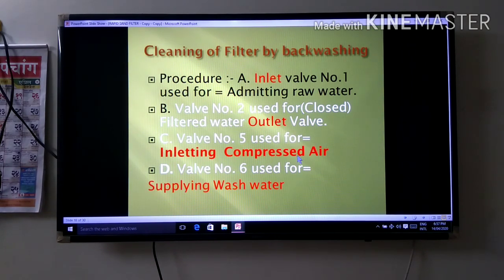That is the last step, when all the filtered water goes outside; the next step after filtration is the disinfection process. Third, valve number 5 is used for inletting compressed air, and valve number 6 is used for supplying wash water.